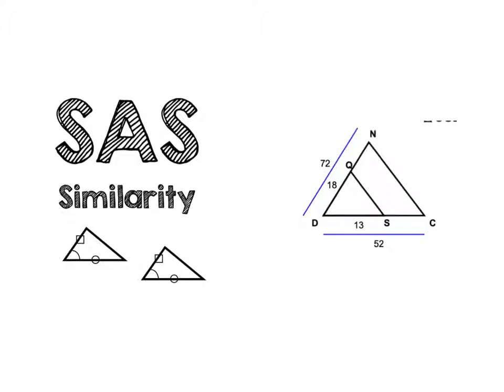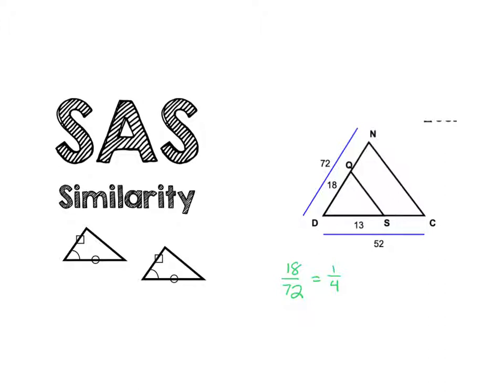And then side angle side similarity is where we have two sides that are proportional and that included angle that's congruent. So when I'm looking here, I know that this total from D to N is 72, and from D to Q is 18. So that's 18 over 72, or 1 over 4.